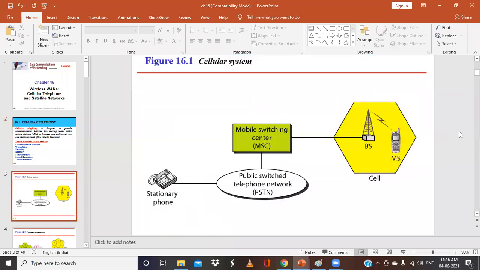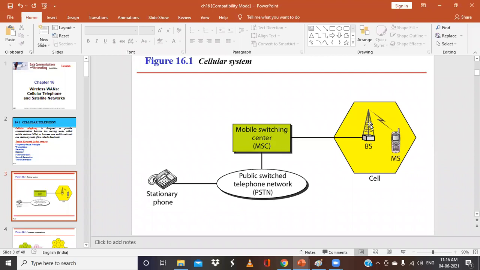So let us take the basic diagram of cellular telephony. When we talk about cellular telephony, we have something called cells. MS stands for the mobile station. Nearest to that we have antennas, or we can take the real example of telephone towers.